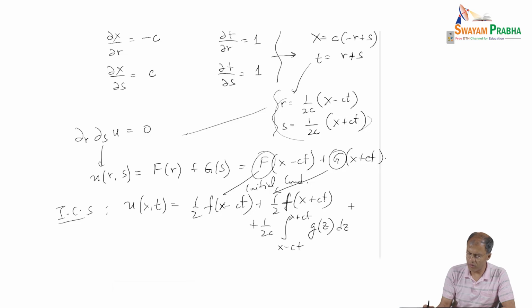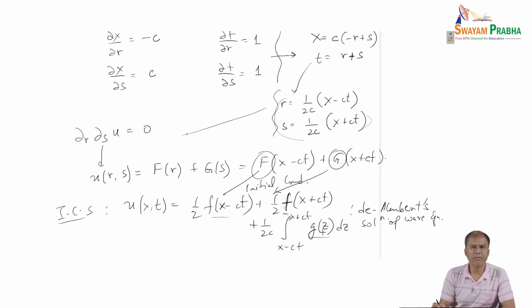This is the so-called famous D'Alembert's solution of the wave equation. People who have done basic partial differential equation courses will be immediately familiar with this solution method, which is the analytical technique of finding the solution to the wave equation. So I got the analytical form of the solution as a function of the initial conditions f and g.